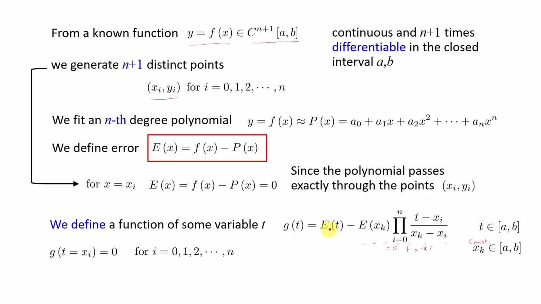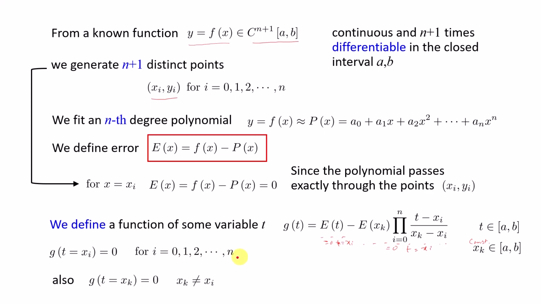The first term, e(xi), will remain, but we know that e(xi) is 0 because at x equal to xi, the polynomial as well as the function match exactly with each other. So e at xi is 0. Therefore, both the terms are 0. So g is 0 for i equals 0 to n.